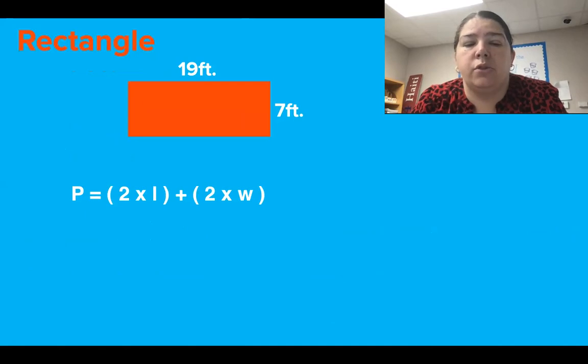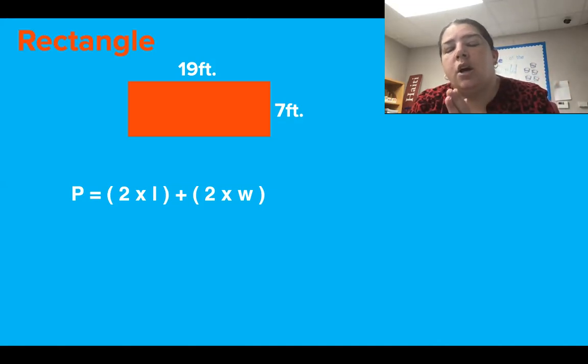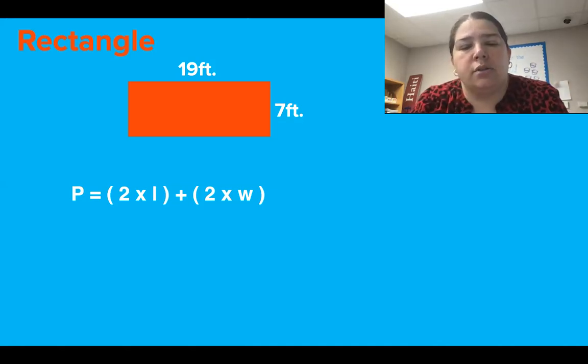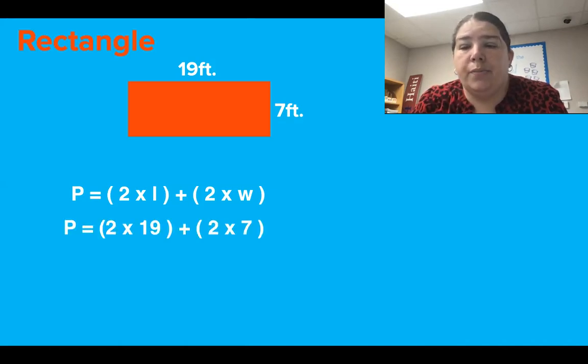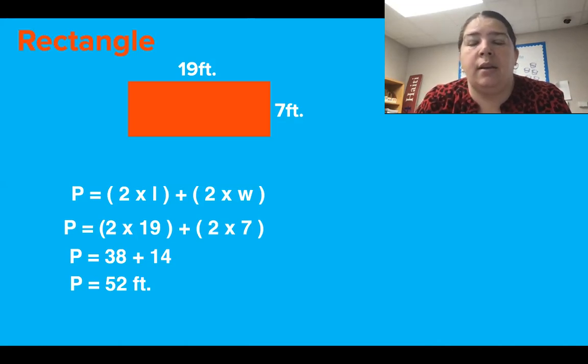Again, repeat: 2 times L plus 2 times W. Everywhere we see a length of 19, we put it in for L. So 2 times 19 and 2 times 7. 2 times 19 is what? 38. And 2 times 7 is 14. And we add them together, we get 52. Then we add the FT period because we need to add in the measurement into our answer.